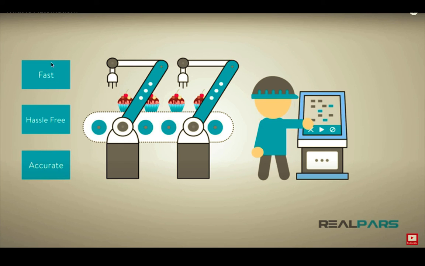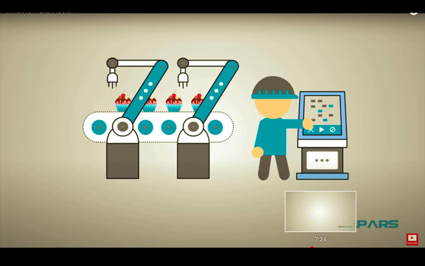Therefore the process will be fast and hassle free, and the final products have the same quality, whatever the required quantity may be. So this is the advantage of automation.